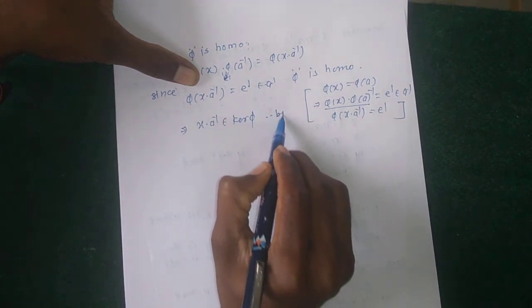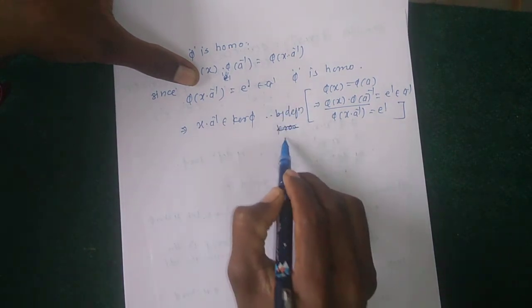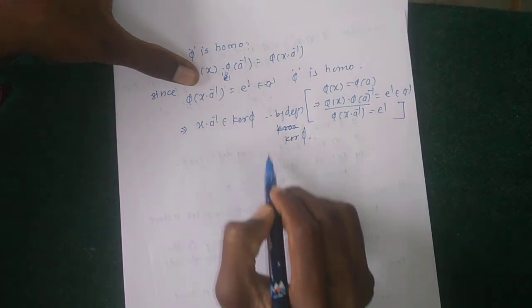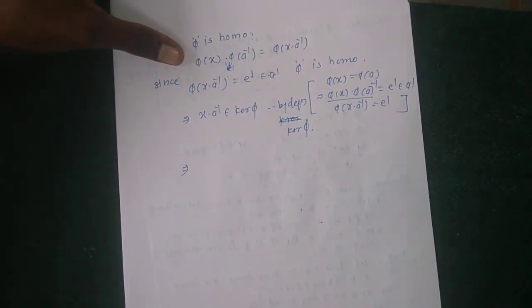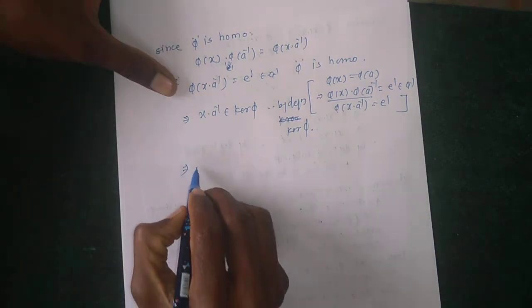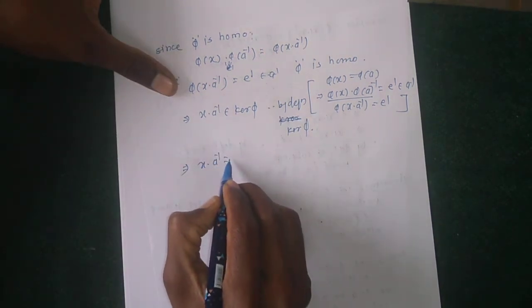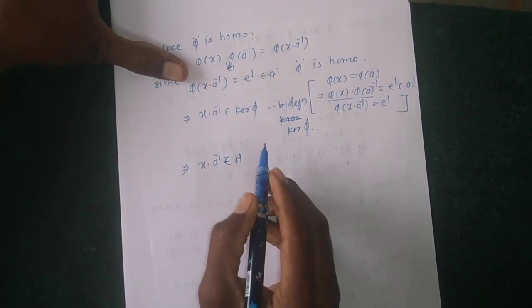Okay, by definition of kernel phi, using this definition, x into A inverse belongs to kernel phi. But here x into A inverse belongs to H, because H equal to kernel phi.